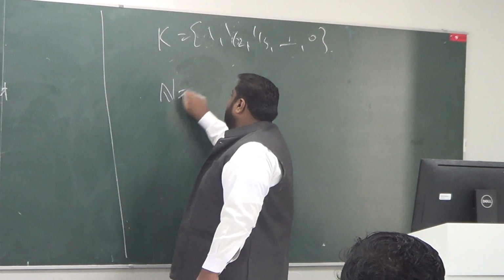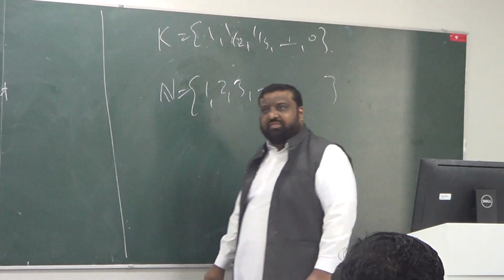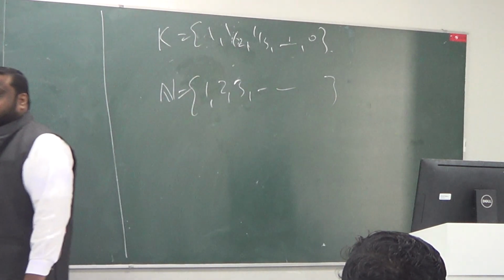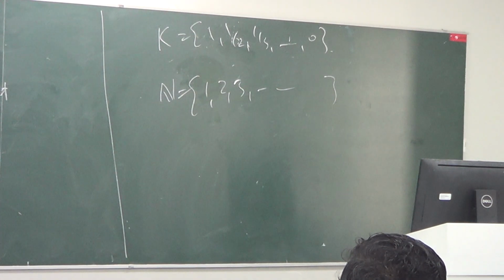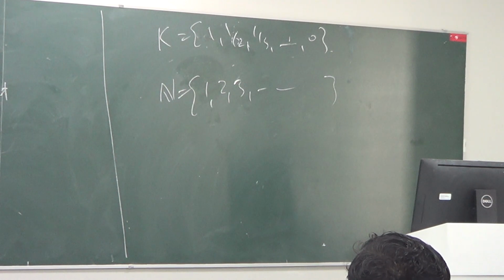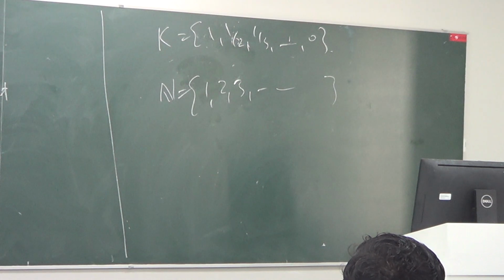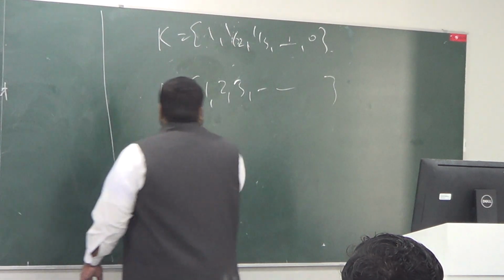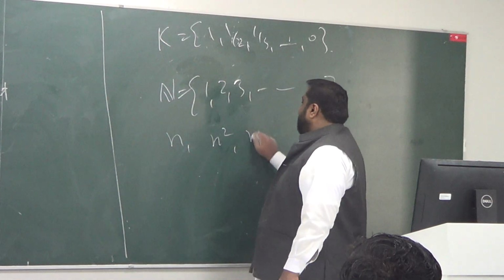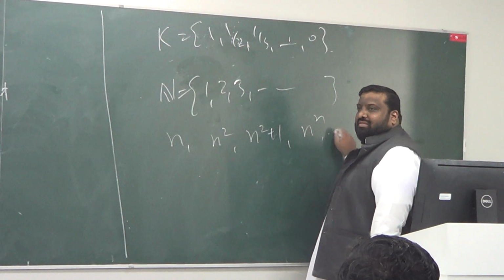How about the set of natural numbers? It's like 1, 2, 3, and so on and so forth. Is this sequentially compact? Think about it. Take any sequence out of it. How is the sequence going to look? It could be like n squared plus 1, n raised to n, and so on.